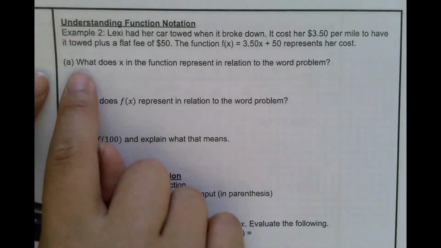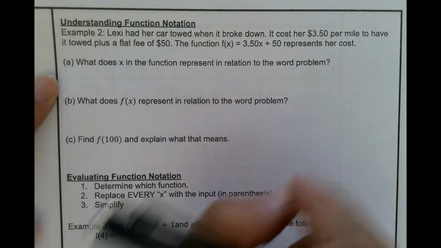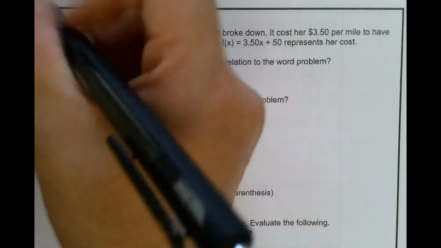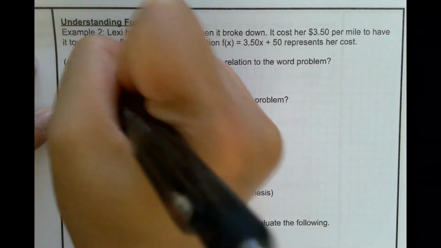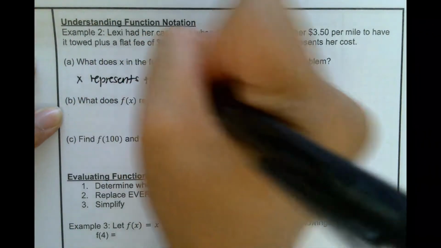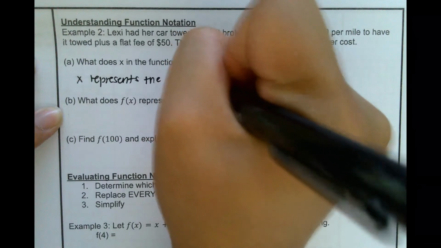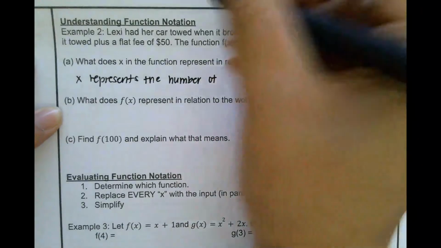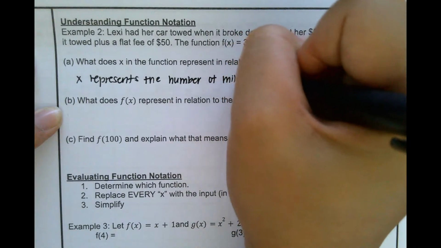What does x in the function represent in relation to the word problem? x represents the number of miles the car is towed, because based on how much she is towed, that influences the cost she has to pay.